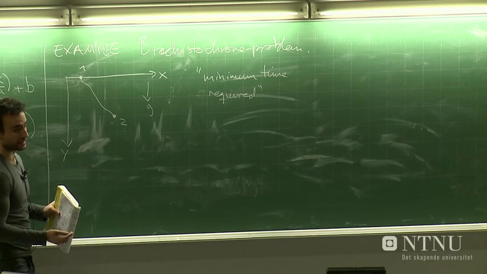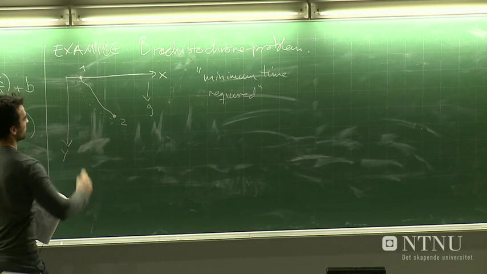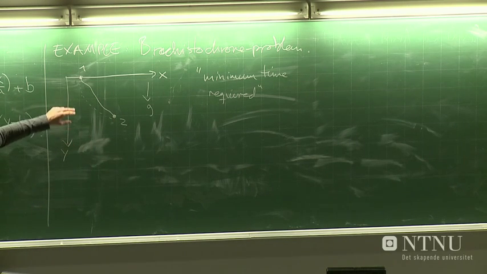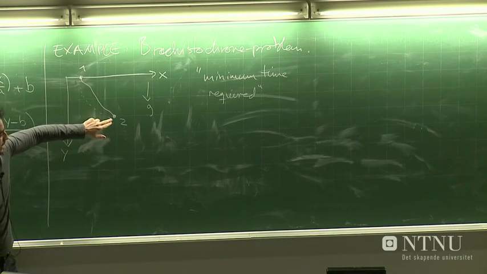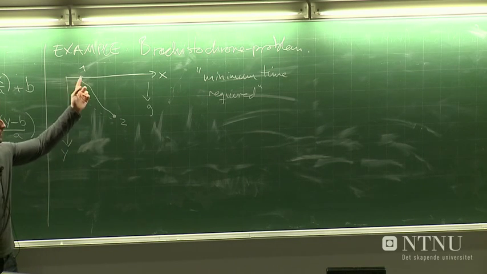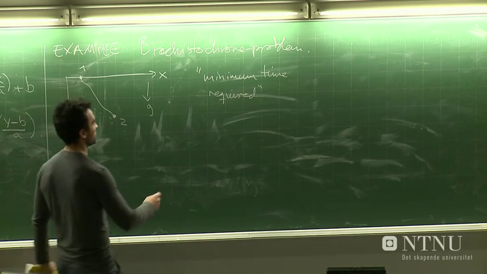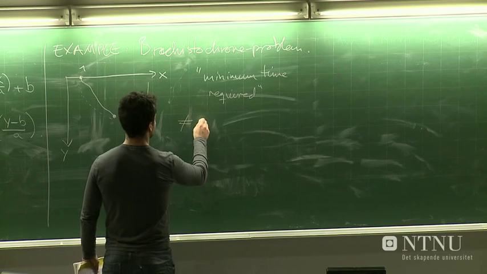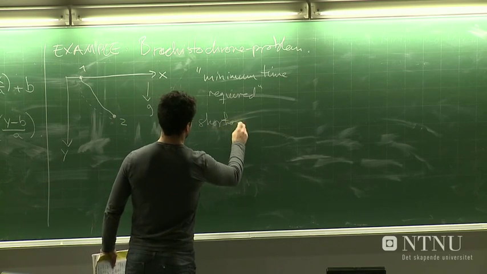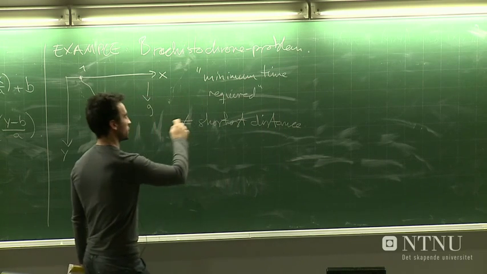So you could imagine, for instance, that instead of a straight line, if you have some curve which goes like this, it allows the particle to accelerate faster by traveling down here and then just swooping in here and spending actually a shorter amount of time than if it were forced to move in a straight path. So this is different from the shortest distance required. So it's not equal to shortest distance.